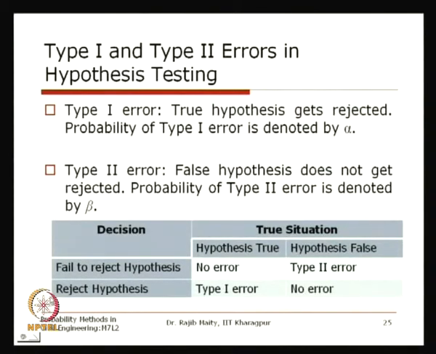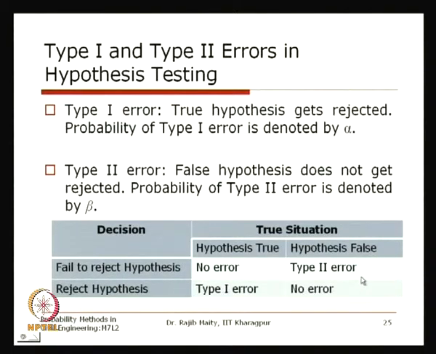On the other hand, if we reject the hypothesis and the hypothesis is true, then this is the type 1 error. And if we reject the hypothesis and the hypothesis is false, then there is no error. The probability of type 1 error is denoted by alpha, and the probability of type 2 error is denoted by beta.